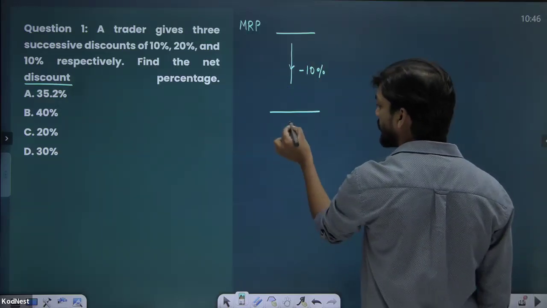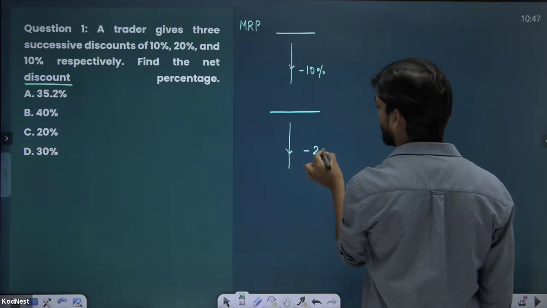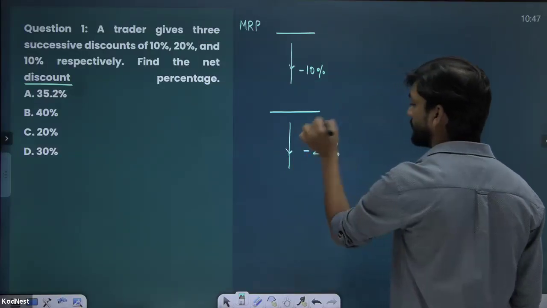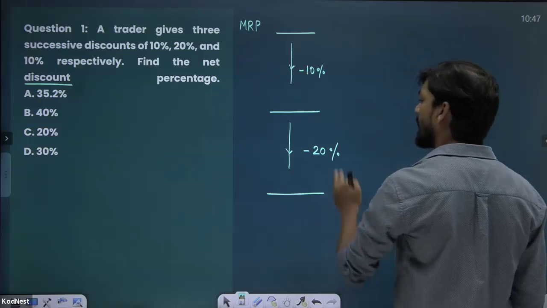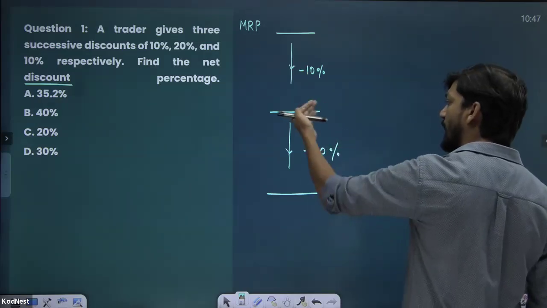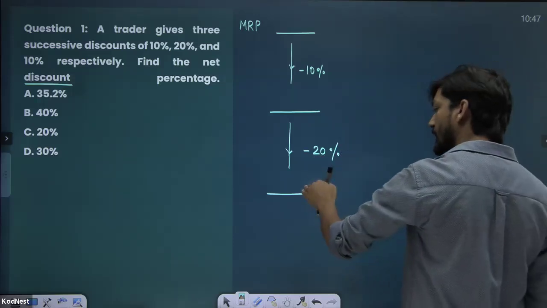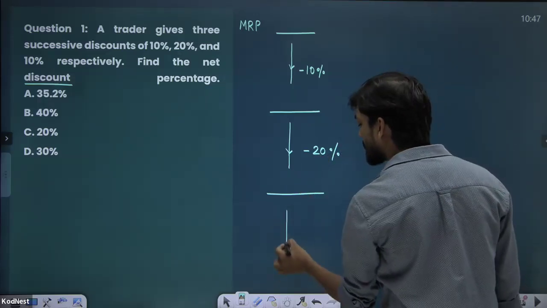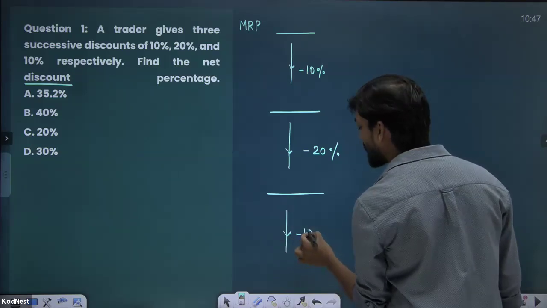On this new value, one more discount will be given. That is 20%. After this 20%, again, I will calculate the discount, I will remove the discount, I will get a new value. Again, on this value, one more discount will be given. That discount coupon is now 10%.